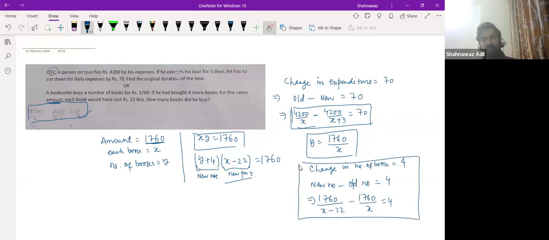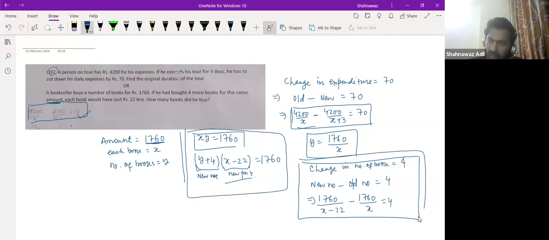Clear? Is it clear, guys? Yes, sir. So we can either use this thought, or we can use this one.